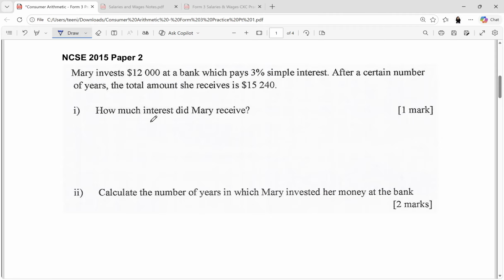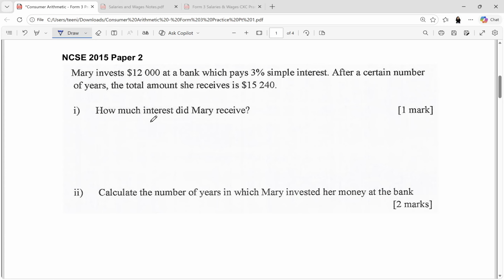That's the total amount she received, and the interest rate was 3%. Matthias, what is the principal in this question? The principal is $12,000. Right, and then the amount is 15,240.